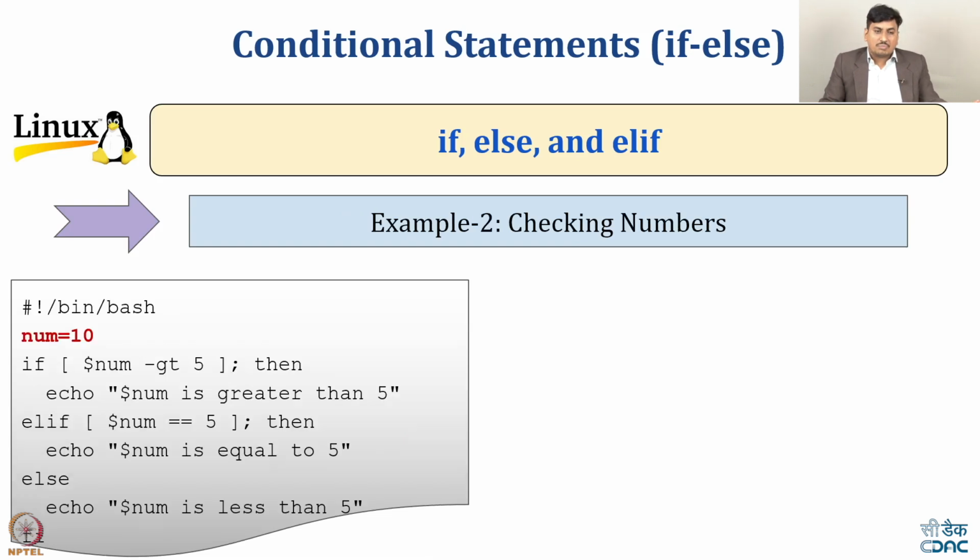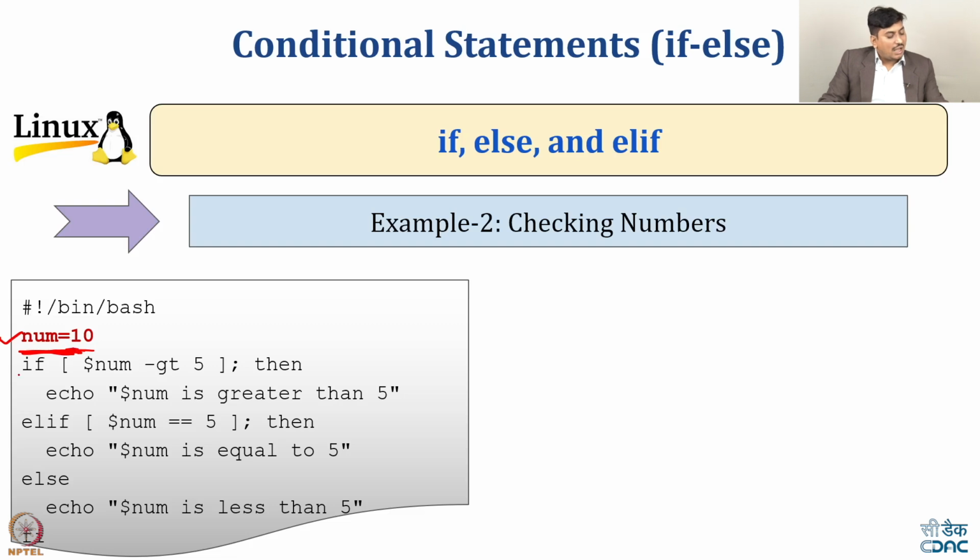Let's take another example: check whether a particular number is greater than some value. Let us consider a very simple program where we have declared one variable, num, with the value 10 initially.